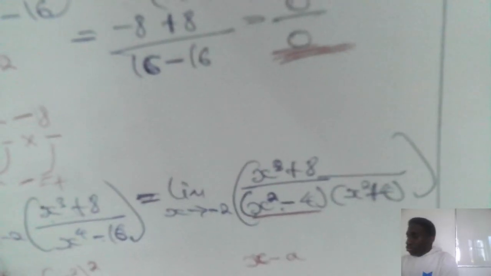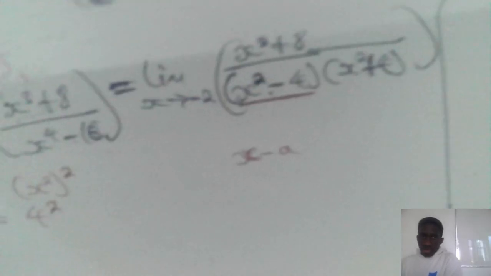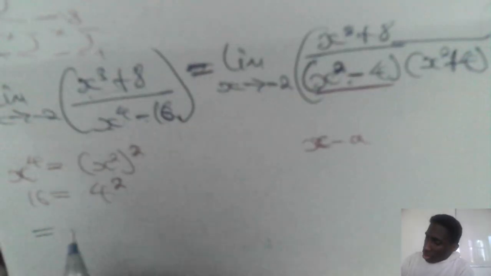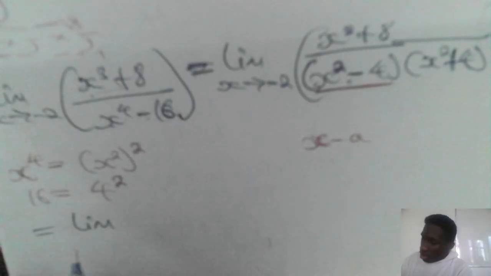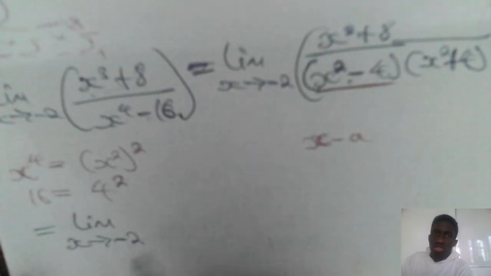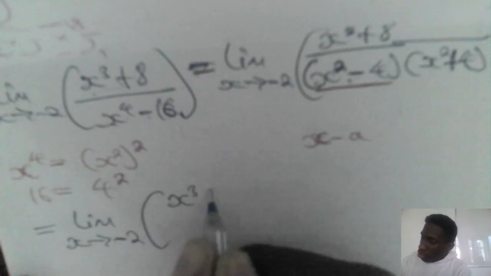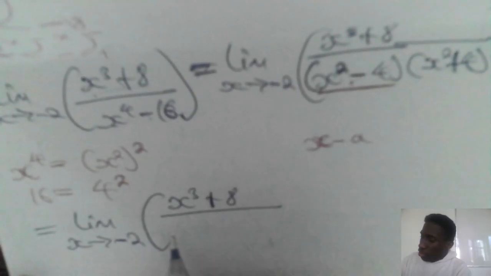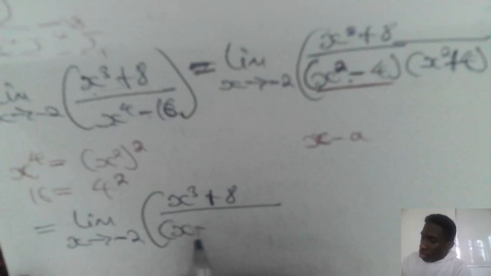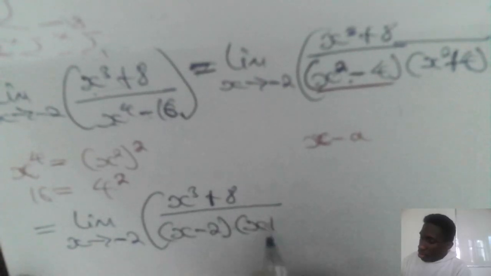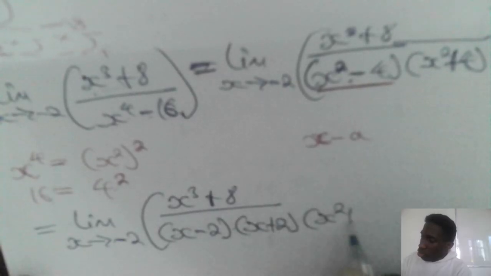So we can still break this down further, to get the limit as x approaches minus 2 of x cubed plus 8 divided by x minus 2, x plus 2, x squared plus 4.